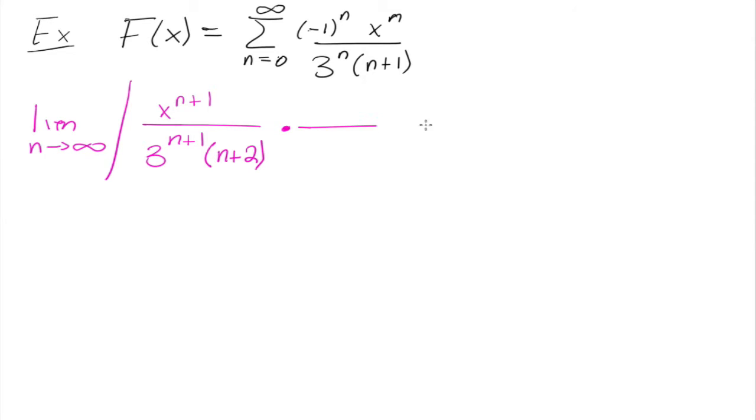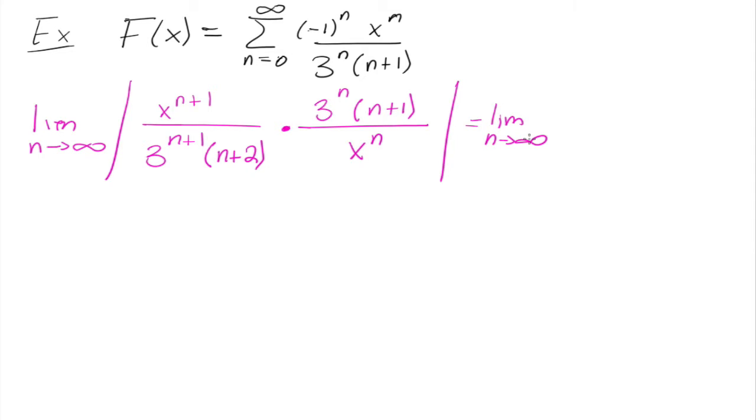Let's see. So times, what do we have? Times 3 to the n times n plus 1. Okay, but do I need to put the negative 1? No. Alright, so then, what can I get rid of? Yeah, so this is just the ratio test.